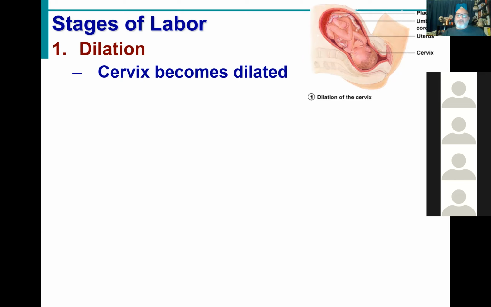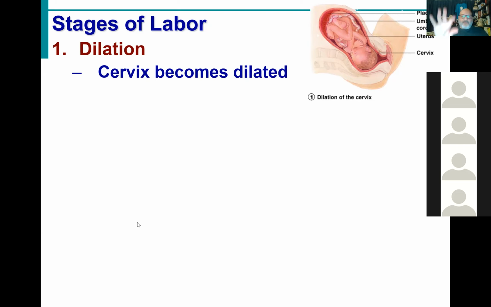Remember, we talked about how there's a mucus plug in the cervix that helps to provide protection prior to and during pregnancy. We talked about how it thinned during ovulation to make it easier for the sperm to get through. As it dilates, that mucus plug is going to be released. And not only does it enlarge, but the walls become more pliable. They efface. So they become softer and more pliable.